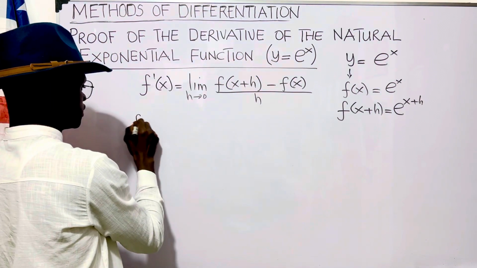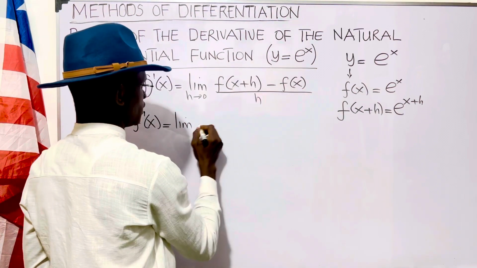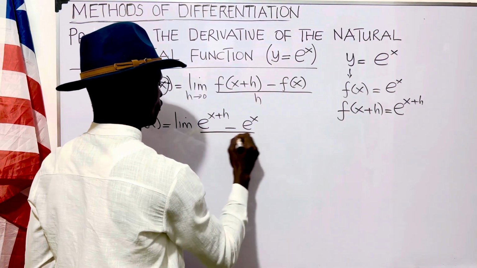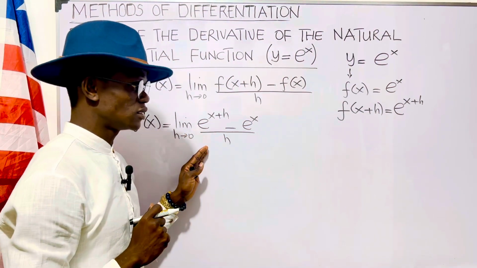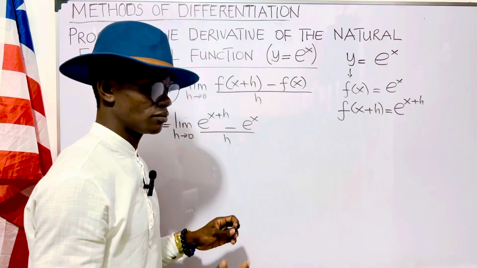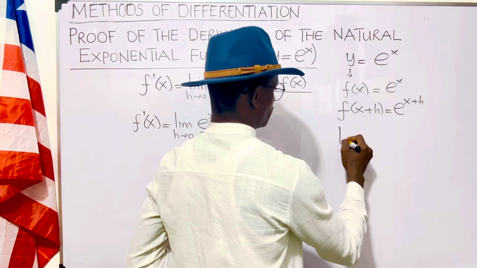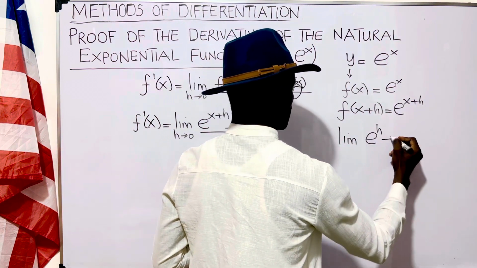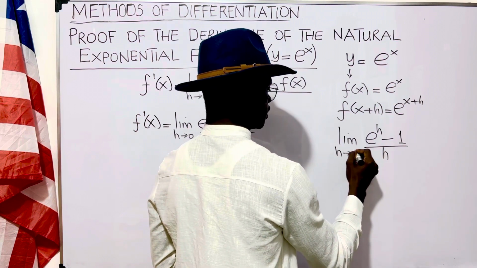So we now put it in the expression: f prime of x equals the limit of e raised to the power x plus h minus e raised to the power x all over h as h is approaching 0. Now at this point, we remember that when we were doing limits, we proved one of the standard limits: the limit of e raised to the power h minus 1 all over h as h is approaching 0.